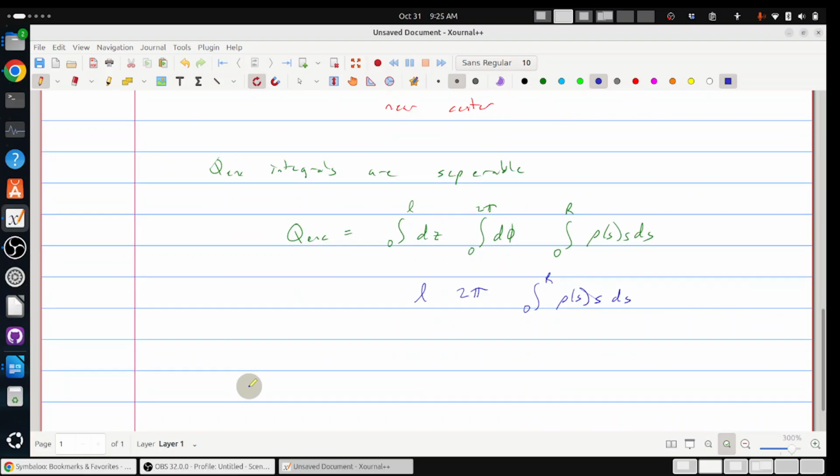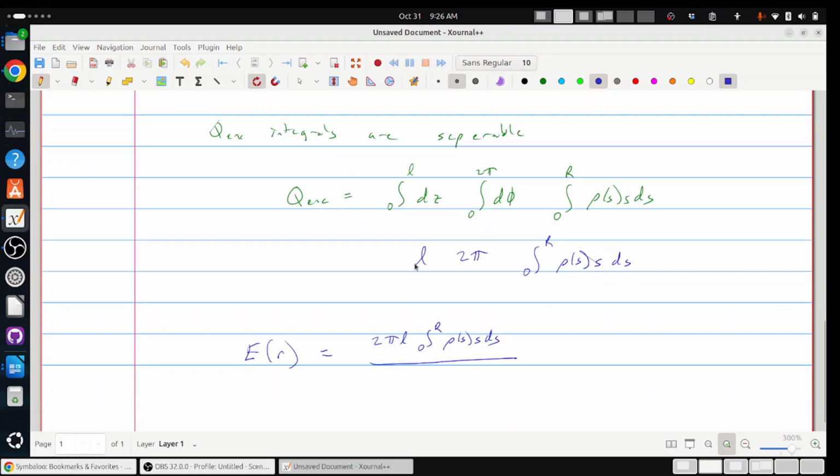And so putting it together, my electric field at some distance r out from the center of the cylinder is going to be this charge enclosed, so I've got a 2 pi L on top, and then my integral. And that's over my epsilon naught and my 2 pi r L, which was the area of the Gaussian cylinder.